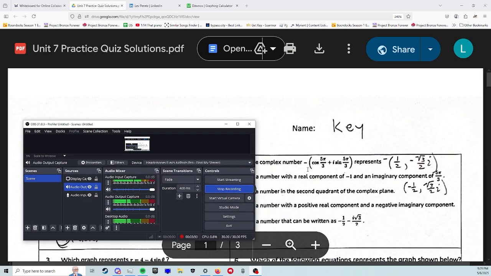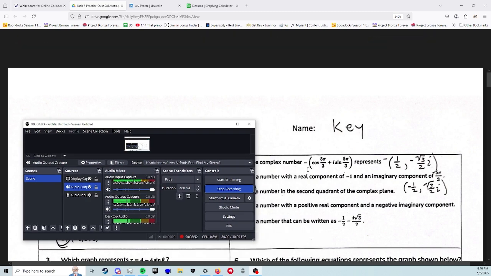A number with a real component of negative 1 and an imaginary component of 5 pi over 3.